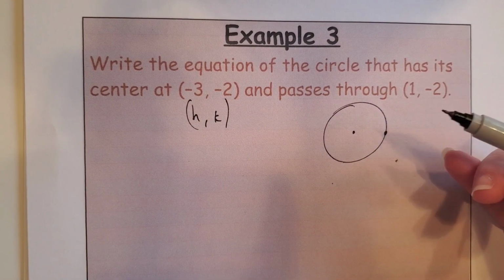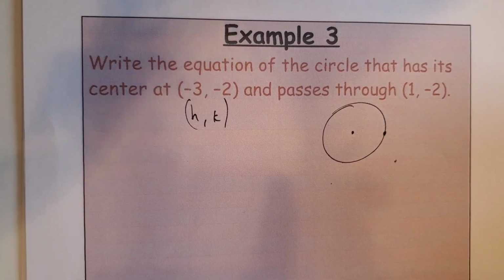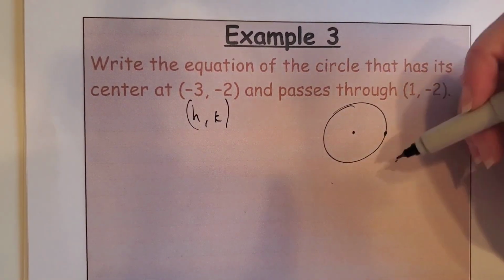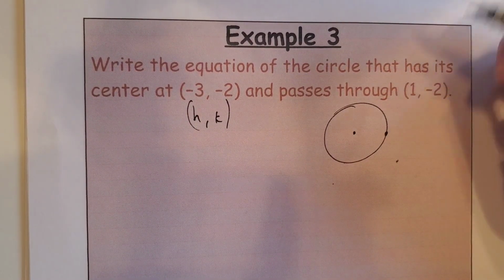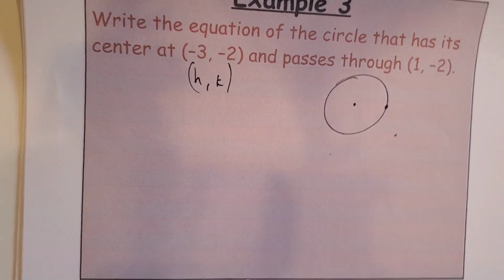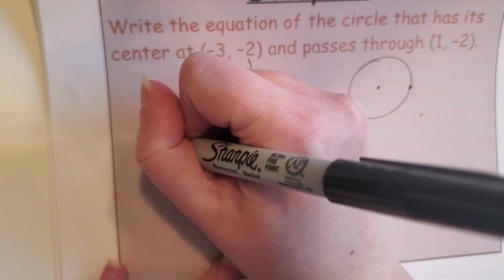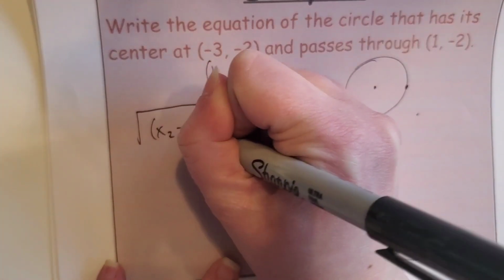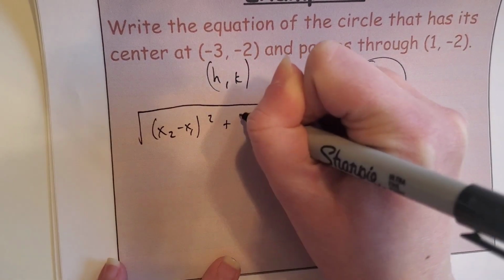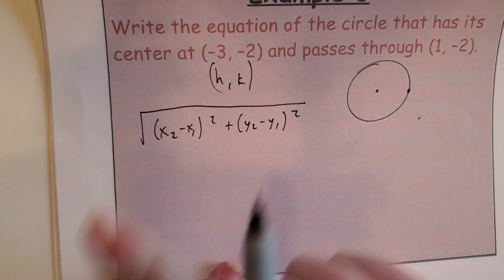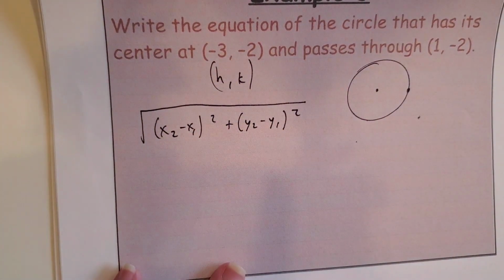A lot of people have been talking about distance formula for a really long time, and now is finally when we get a chance to use it again. In case you forgot, the distance formula is the square root of x2 minus x1 squared plus y2 minus y1 squared. So these are the 2 points that we're going to use.